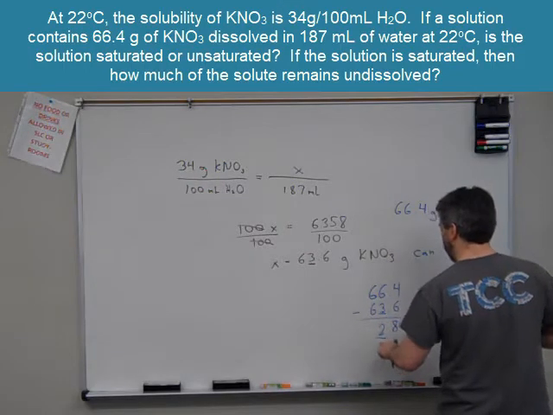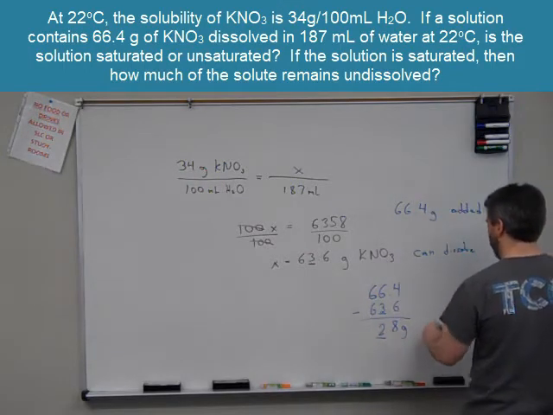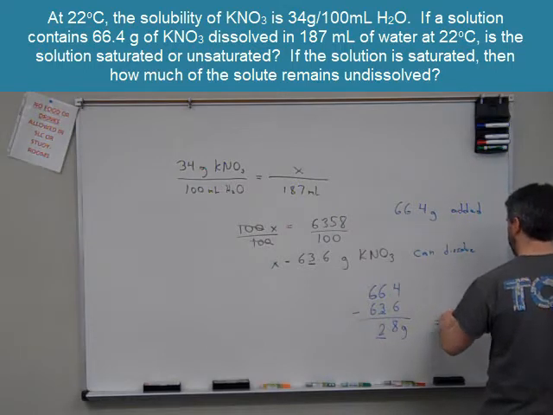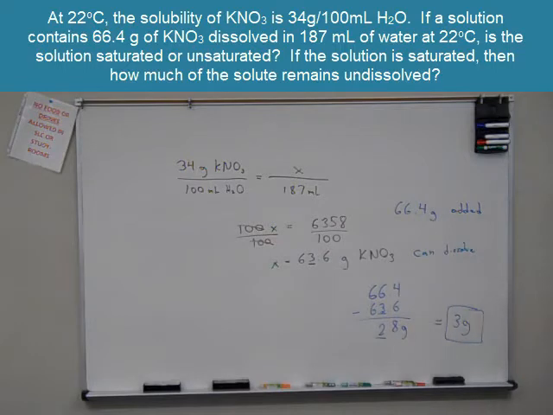But since that's my last significant figure, that means this is going to be 3 grams undissolved with appropriate significant figures. Does that make sense? Cool. I didn't pay attention to the second number, 66, I just looked at the 34 grams.